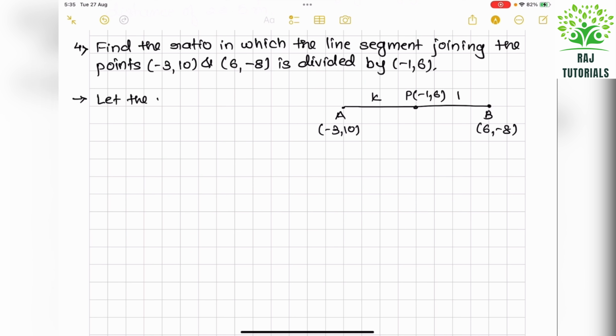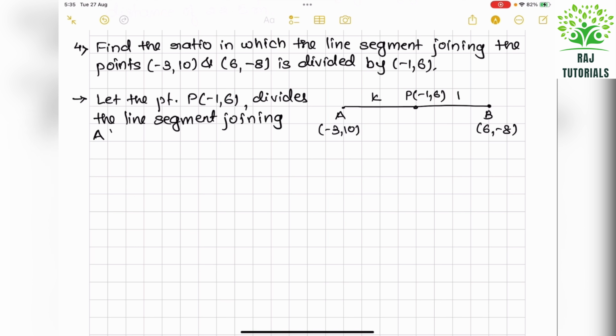Let the point P (minus 1, 6) divide the line segment joining A (minus 3, 10) and B (6, minus 8) in K is to 1 ratio.